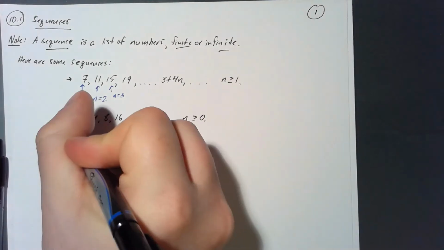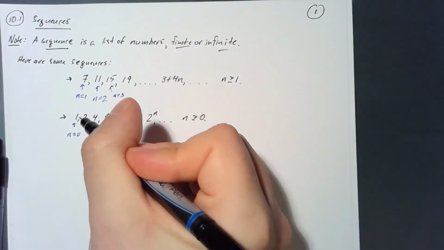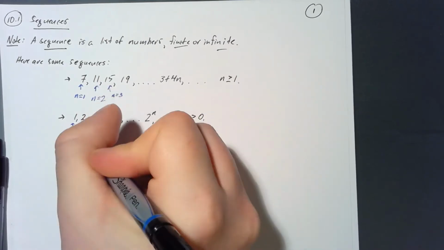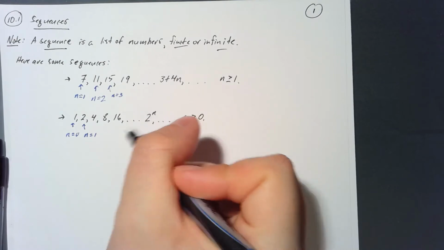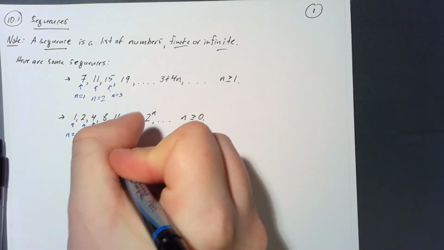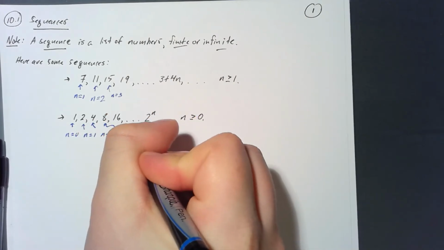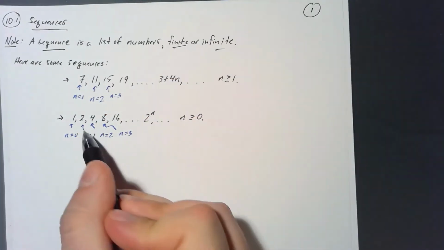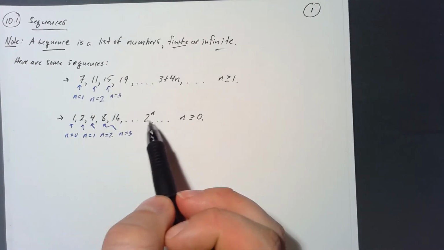So, if you think about it, this is the term when n equals 0. What's 2 to the 0 power? 1. This is the term when n equals 1. That's 2 to the first power. This is n equals 2. This is n equals 3, and so on. And so each term in this sequence is dictated by the value of n in the explicit formula.